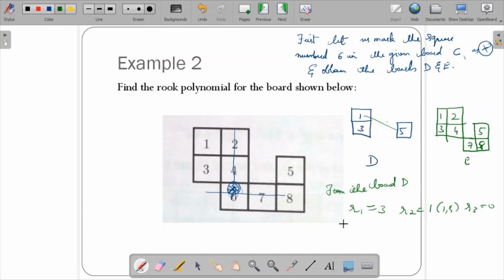So the polynomial expression, that is R of D of x, would be 1 plus 3x plus 1x square. That is R of D of x.